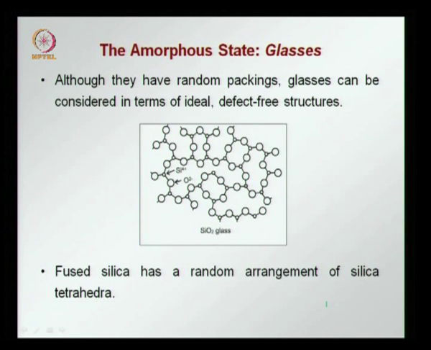Now amorphous structures like glasses also, even though they have random packing, can be considered as ideal defect free structures, like in the case of fused silica. There is a random arrangement of silica tetrahedra, but they need not necessarily be defects in the structure.